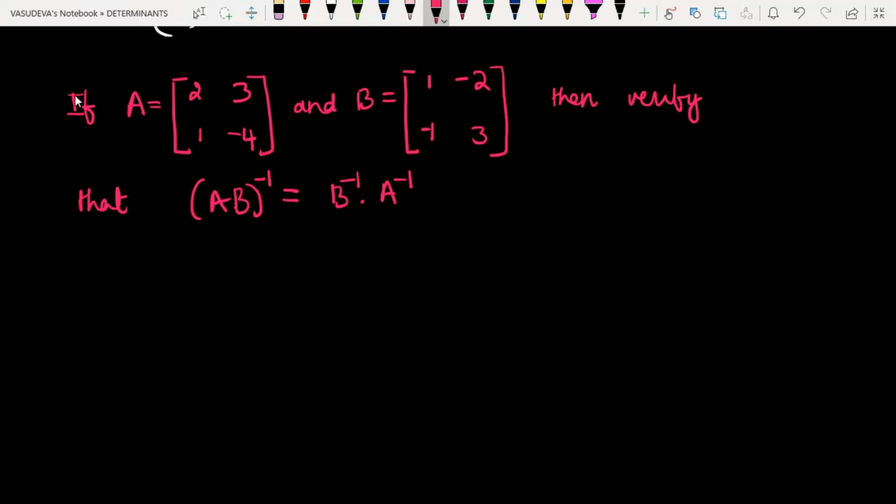So this is the problem on properties of the inverse of a square matrix. So now let's verify this.